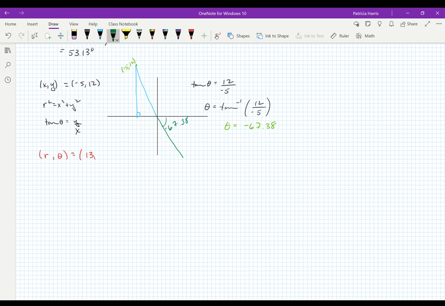So how am I going to get this angle right here? What do you think? Those two angles that I want form a straight line. So what do you think you're going to do?